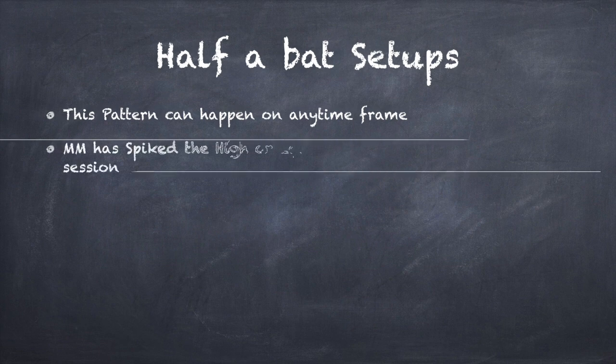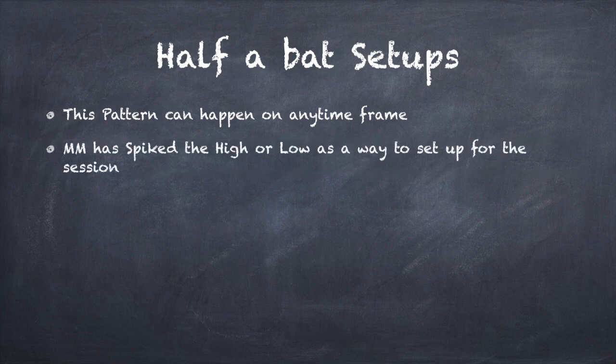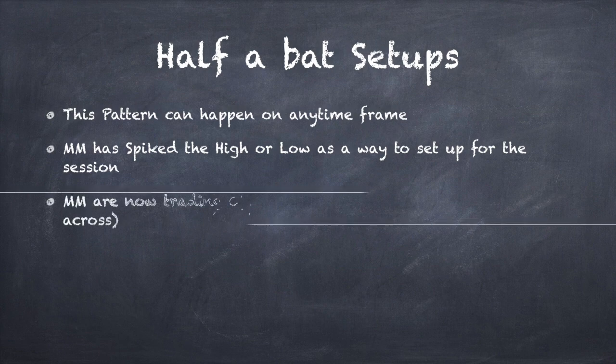This pattern forms when market makers spike the high or the low of the day as a way to set up the session. Let's say a spike happens outside of the Asian range. We get a spike that suddenly goes up or down from the Asian range, and that's them spiking the high or the low to set up the start of the session.